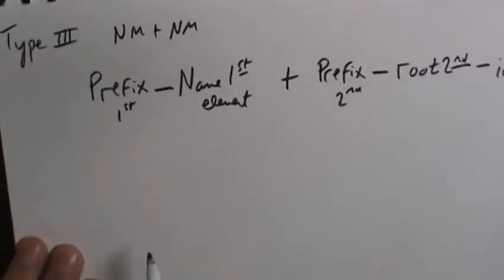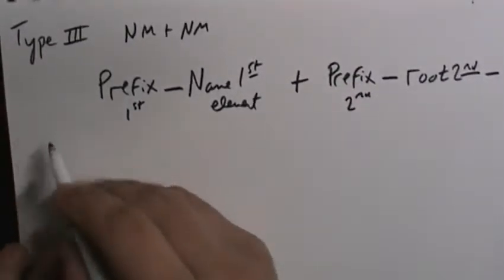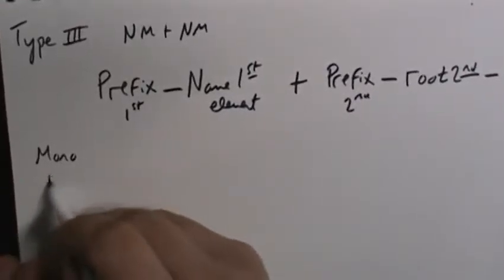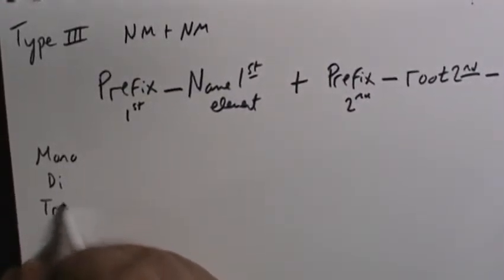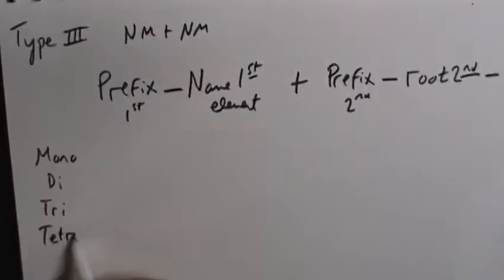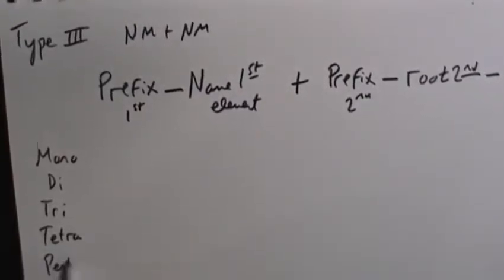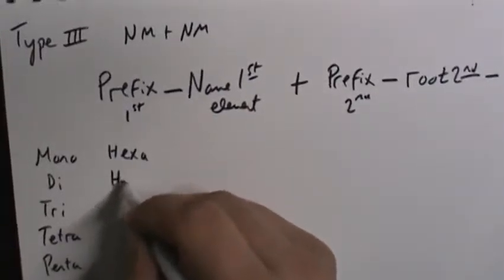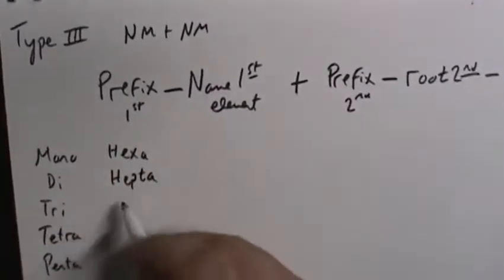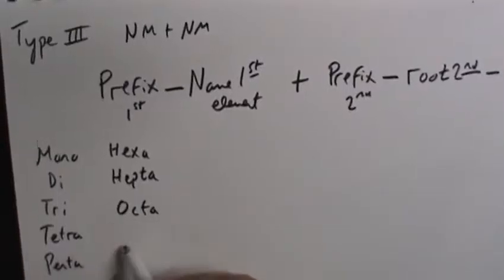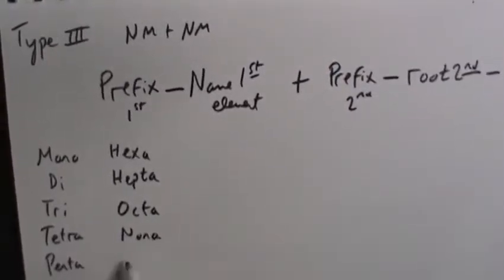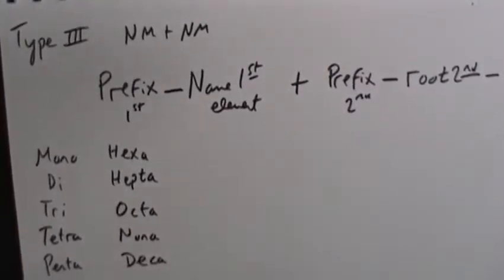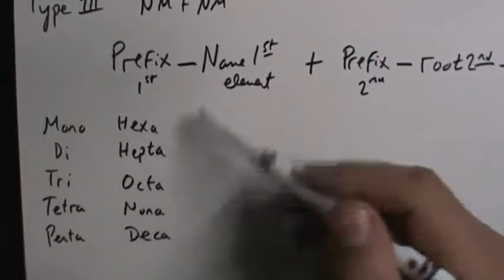And our prefixes are mono, di, tri, tetra, penta, hexa, hepta with a P, octa, nona, and deca. And they're just the numbers 1 through 10 in order.